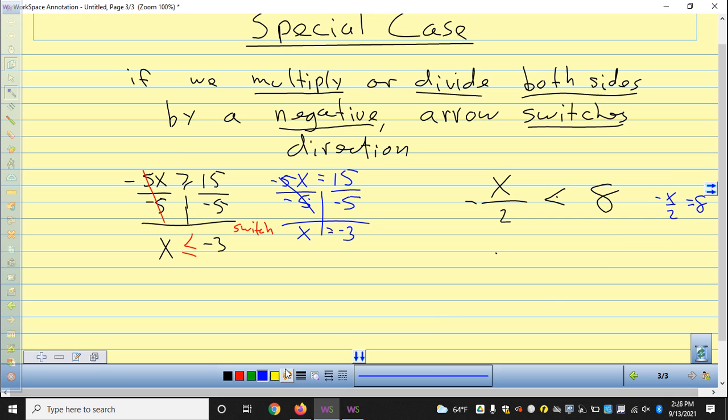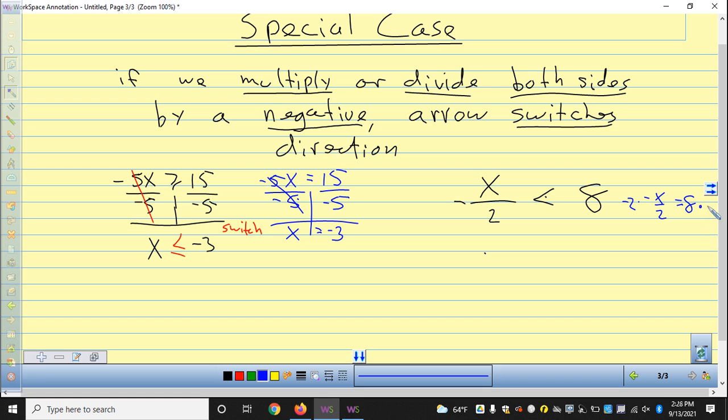We multiply both sides, and I'm going to multiply by -2 because I don't want a negative there. And I would multiply this side by -2. Well, these go away, and I get a negative times a negative, which is a positive. So I get x equals -16.